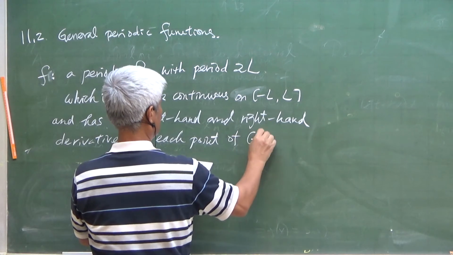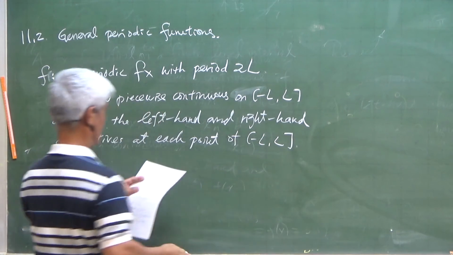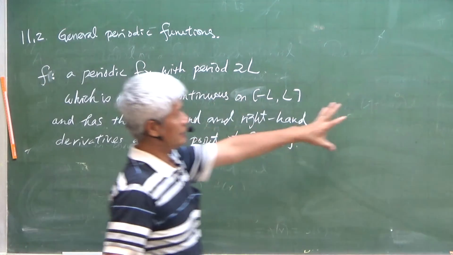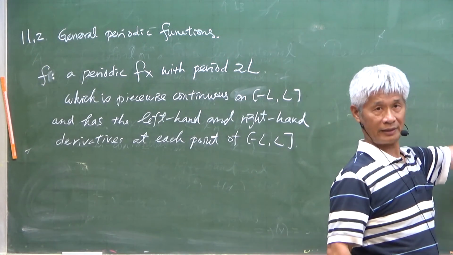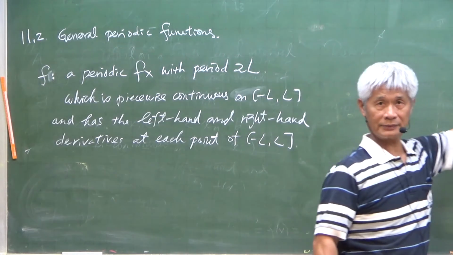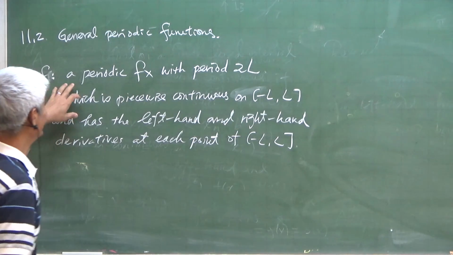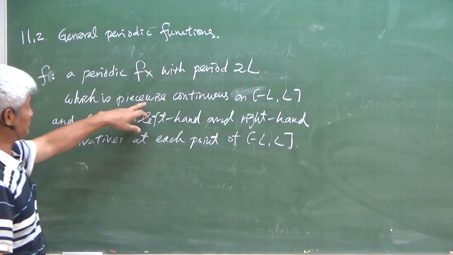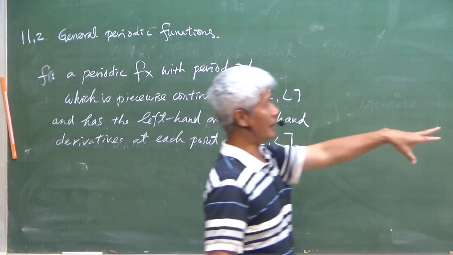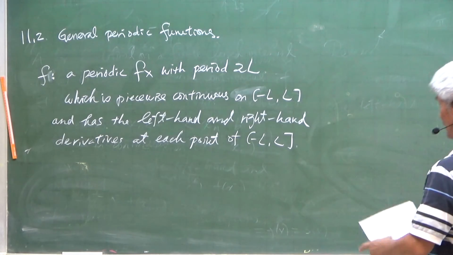So basically the function f satisfies the conditions required in this representation theorem. But this time we relax the function to have period equal to 2 times L instead of 2 times pi here.